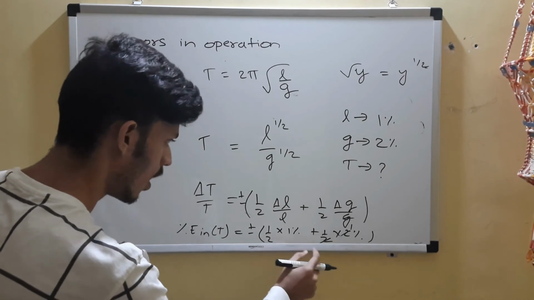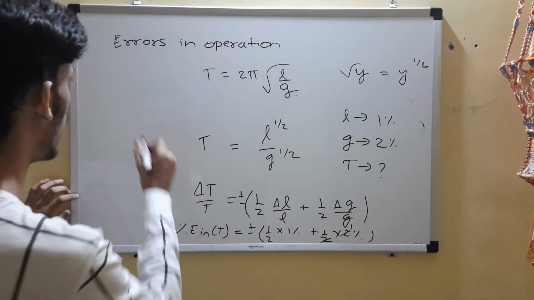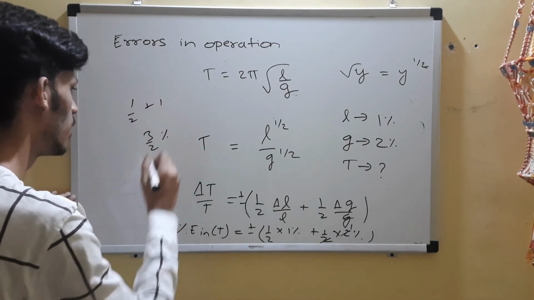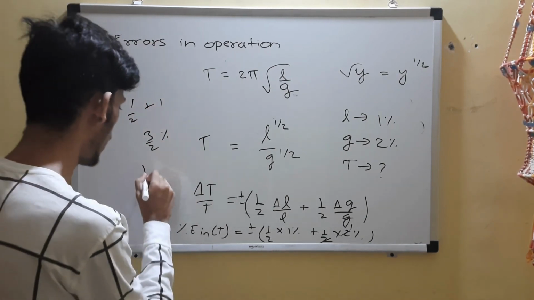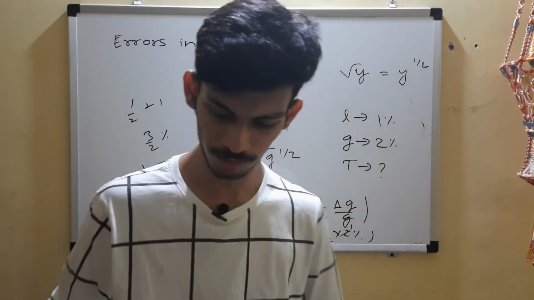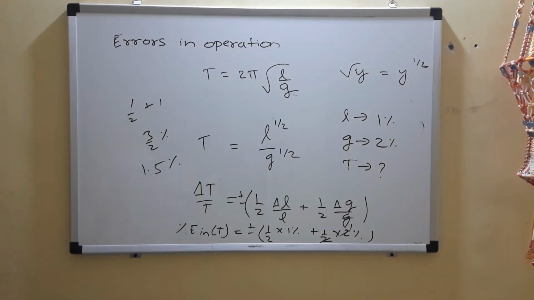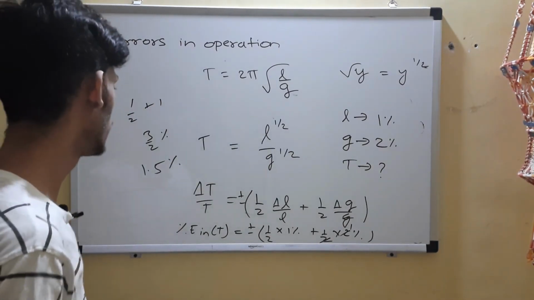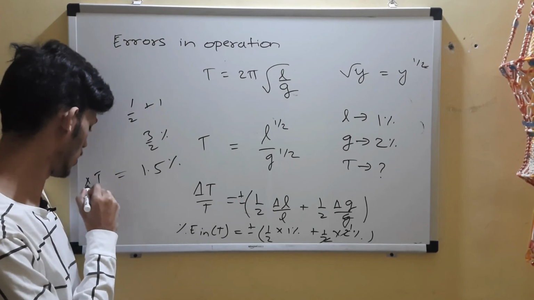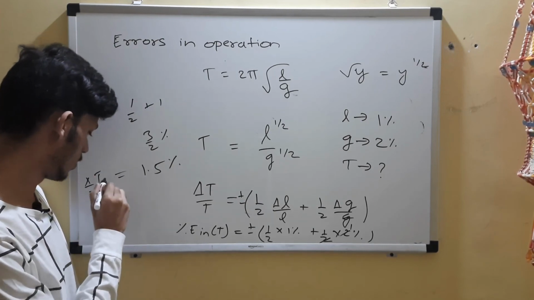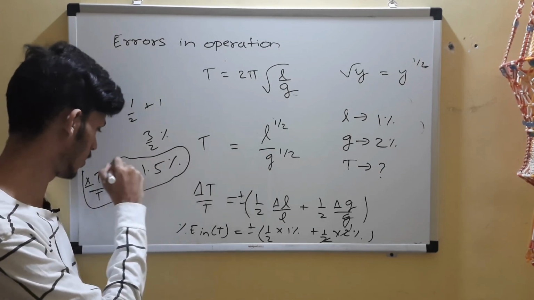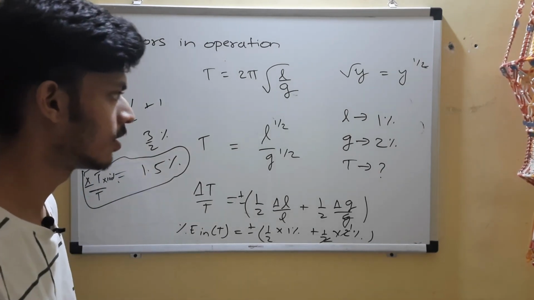This is half plus 1, which is 3 by 2. 3 by 2% or 1.5% error is there in T. Okay, yeah, it is correct, I verified it. So the error in T is 1.5, so delta T by T into 100%, we'll say, is this 1.5. Okay, so that was the question.